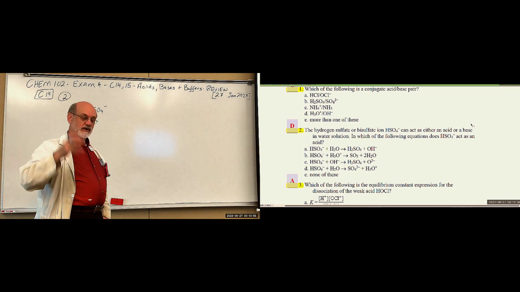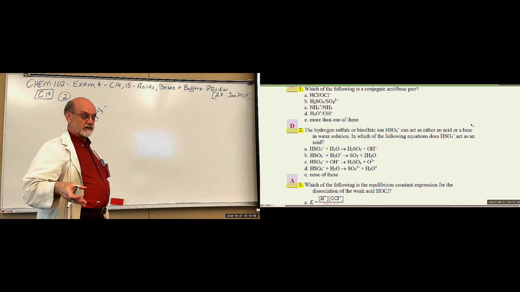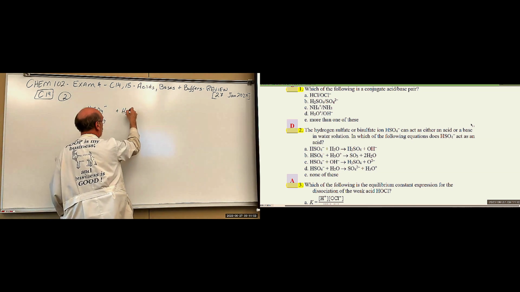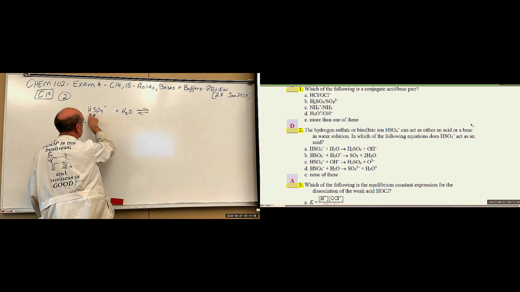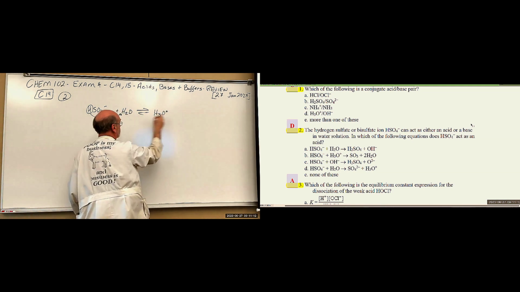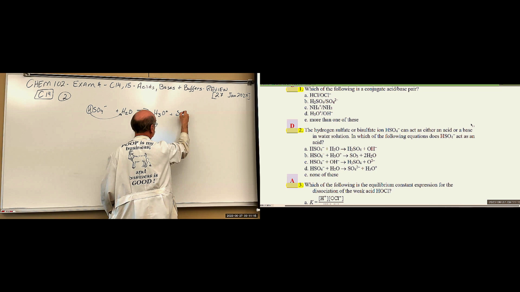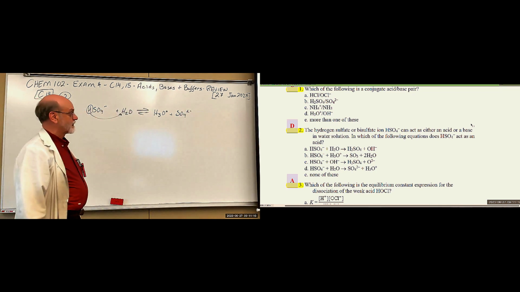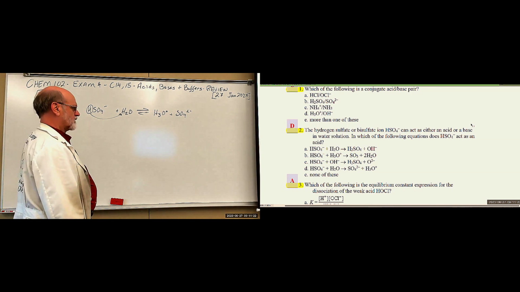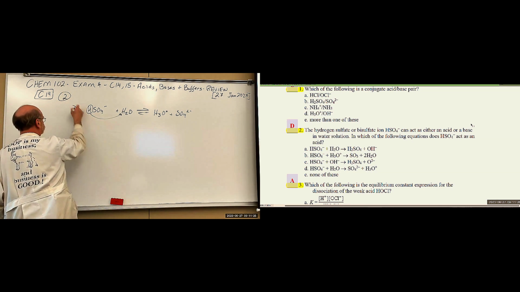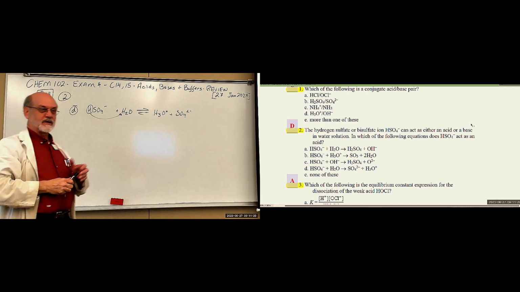If it's going to be an acid, it has to donate a proton. So when we put it in water and it reacts with water, then it has to transfer that proton right here over there. And that makes the conjugate acid of water. And the conjugate base then would be sulfate ion. So it looks like D works for this one. Okay.